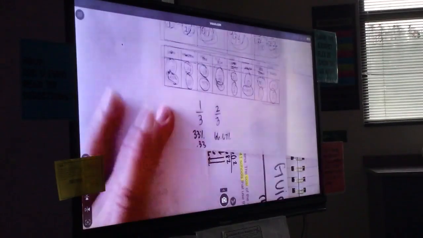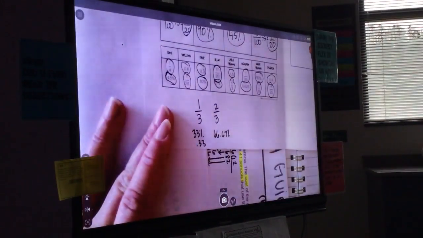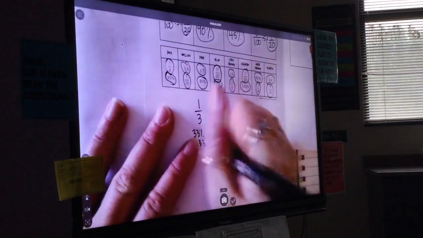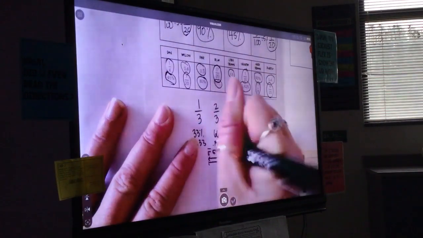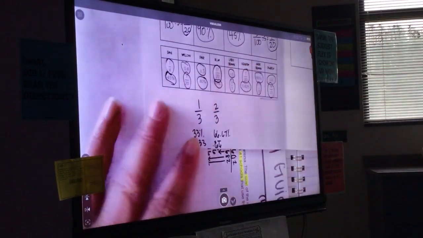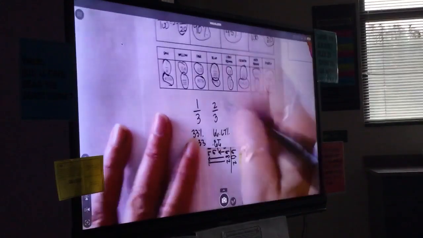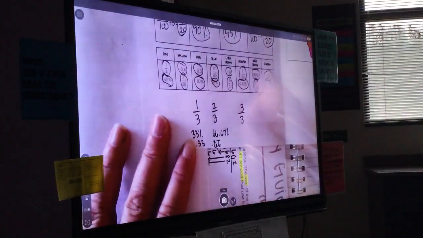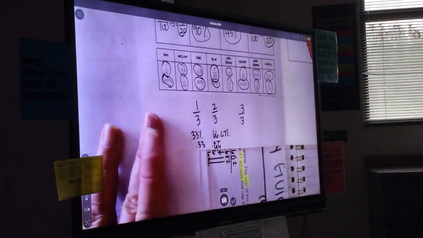I'm sure you guys have seen that on a calculator, right? Which gives you 66 repeating. So then 3/3. That's just the best way that I can explain it.